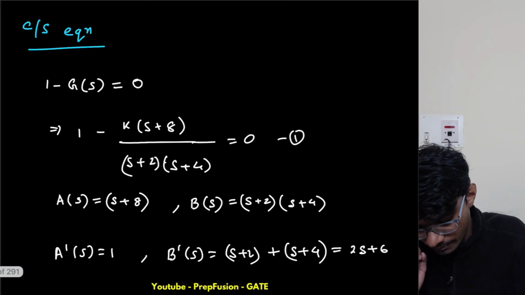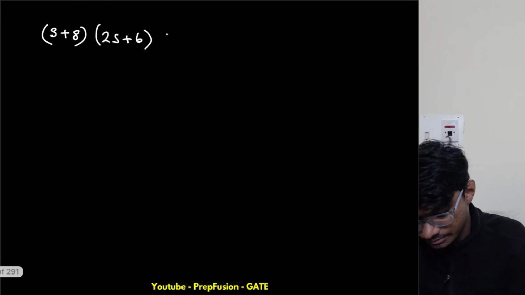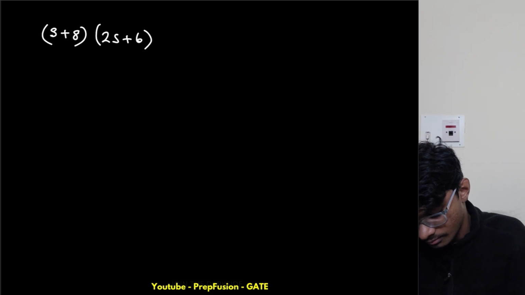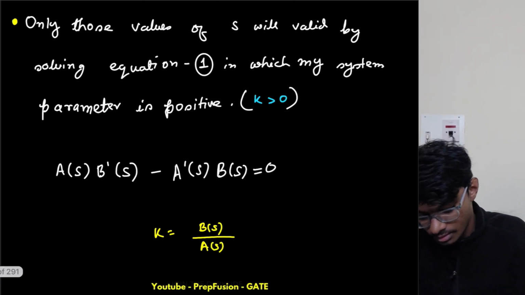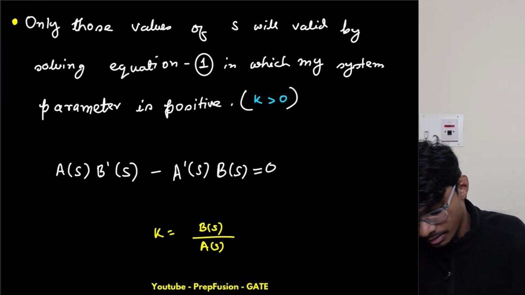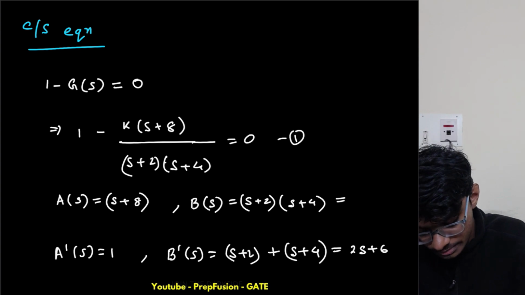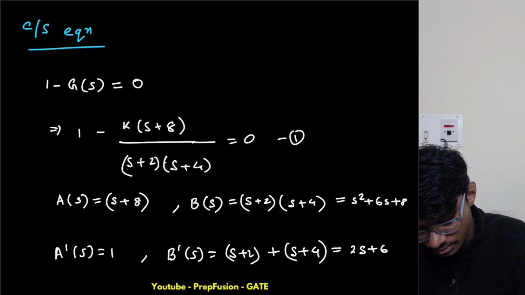That is that one. And then we have minus a dash of s into b of s. A dash of s is 1, and my b of s is basically s square plus 6s plus 8.